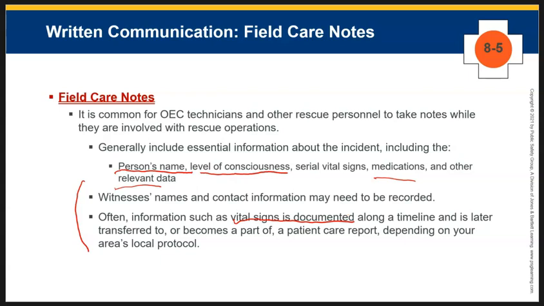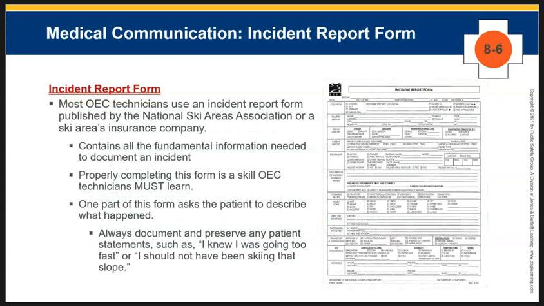Now later on, an incident report form, such as we see the NSAA one here, contains everything that you need to know about an incident. Refer to this in your book, but essentially we see up top the location where it happened and the difficulty of the trail. We might have some information about the skier's background, what they were skiing or riding, and their ability. It's really important to get a description in the patient's own words, especially for risk management.